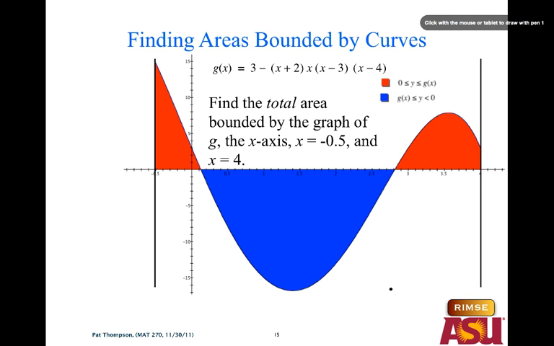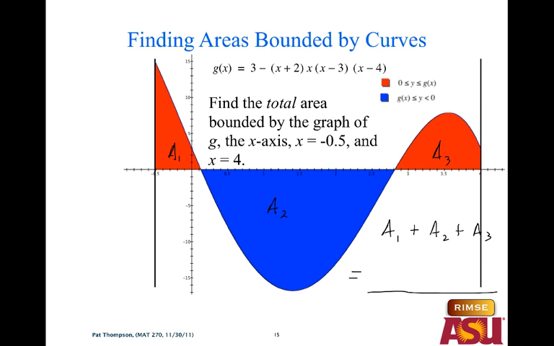So in other words, what is A1, A2, A3? What is A1 plus A2 plus A3? I want to write that in terms of g. How can I write an expression in terms of g that will give me the sum of those three positive areas? See if you can do it.